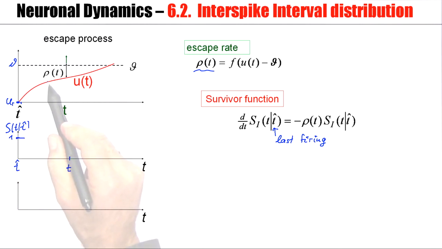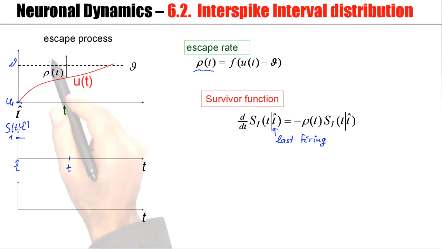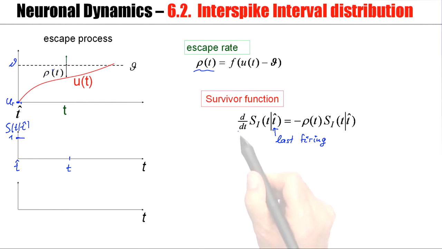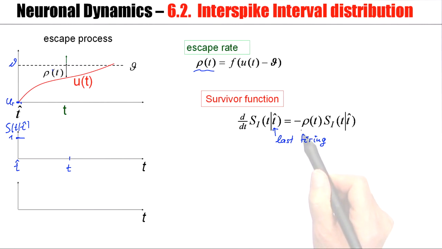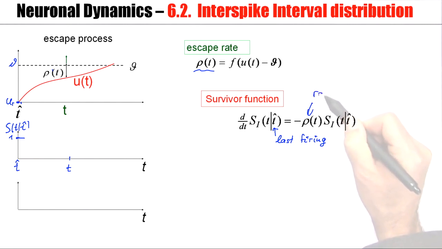And now, as the membrane potential approaches the threshold, there's a certain probability that it fires. The instantaneous rate is rho. So we expect that this survival probability will decrease with this momentary rate, rho of t. This is the momentary rate.